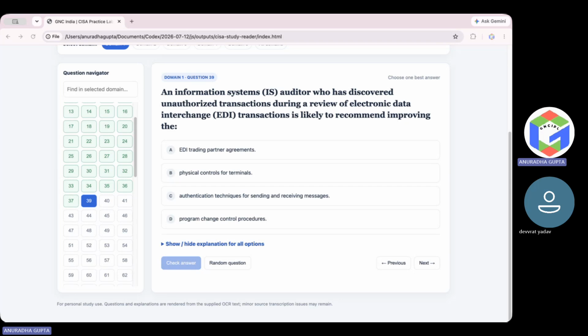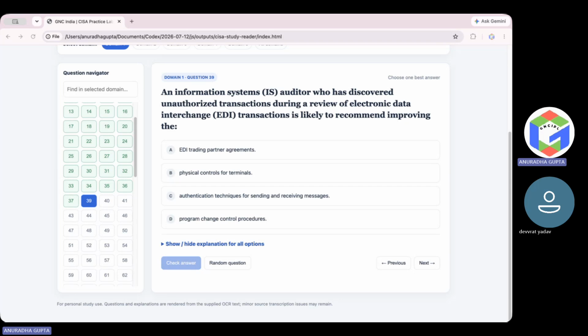The partner agreement is basically the earlier stage, when they have gone into the contract and all that. Physical controls of terminals are not relevant here, as they are asking about the transaction. So C, authentication techniques for sending and receiving messages. Unauthorized transactions.